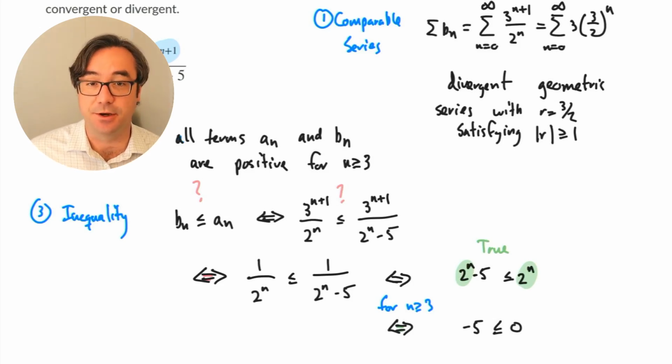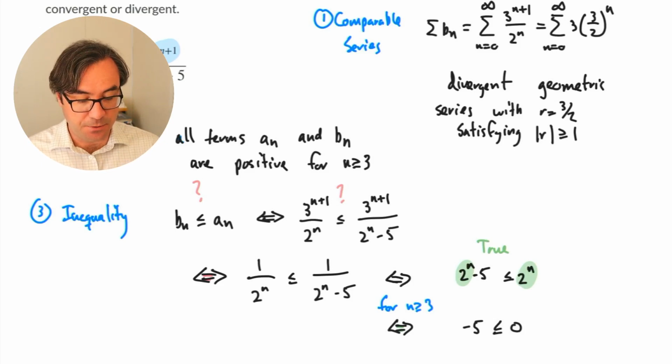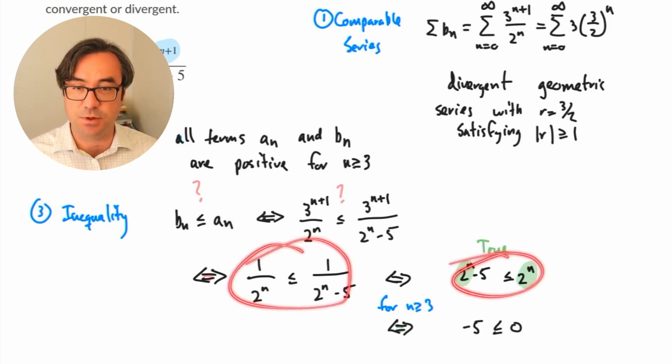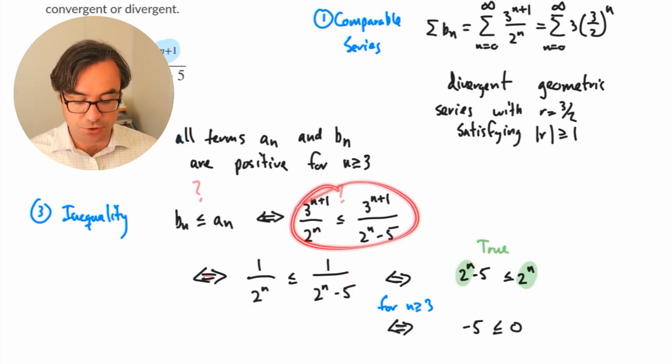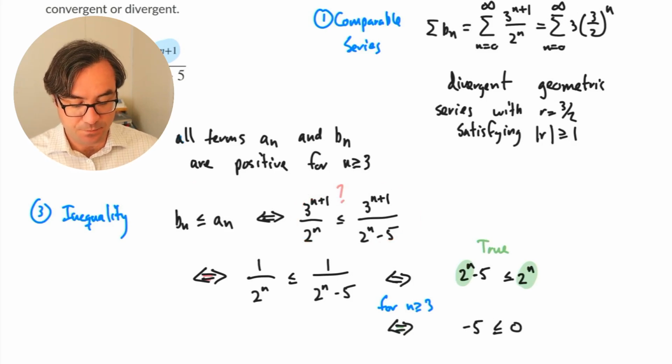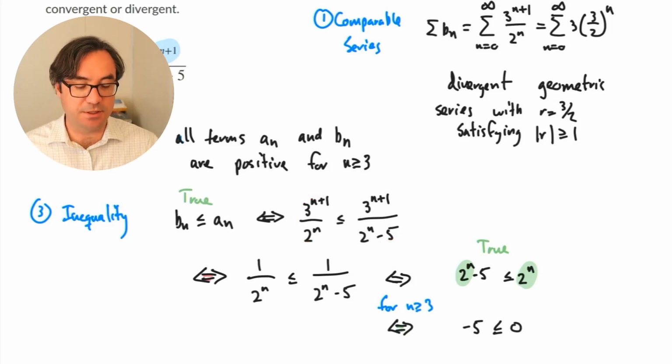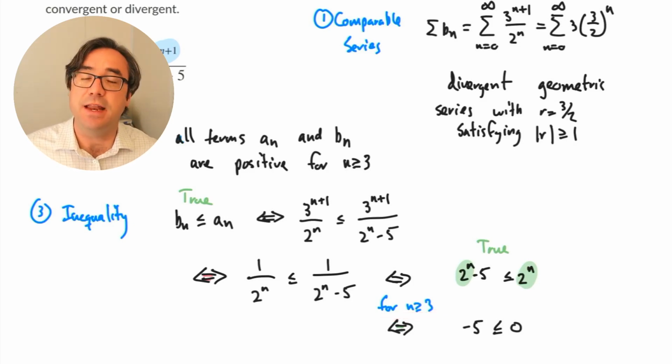So there you're really good. All right, so in any case, we ended up with an obviously true statement, and all of these are equivalences. So if this is true, that means this one was true, which means this was true, which means what we were trying to prove is true. Again, with this little extra wrinkle that n had to be greater than or equal to 3, but that's okay.